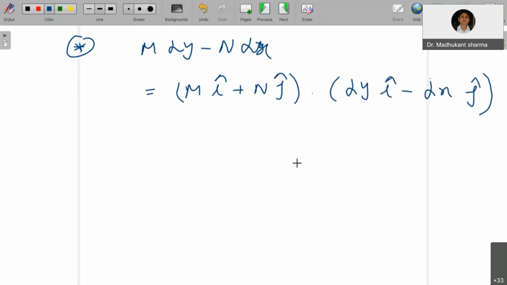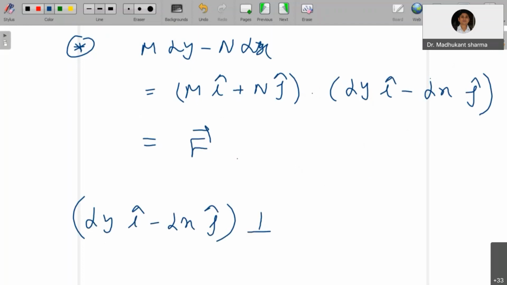Now, if you look at this, this is fine as it is. What is this? This is nothing but dyi minus dxj. It is very easy to verify that it is going to be perpendicular to dxi plus dyj, which is the tangential vector.